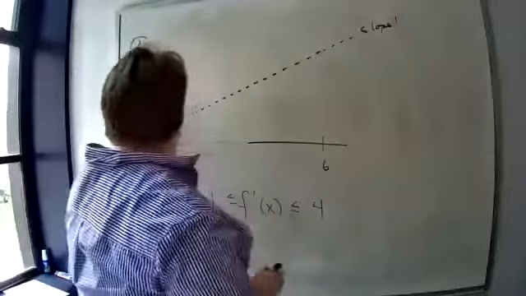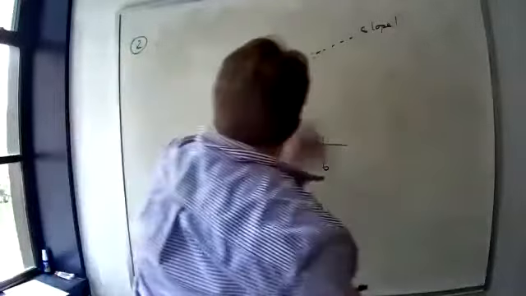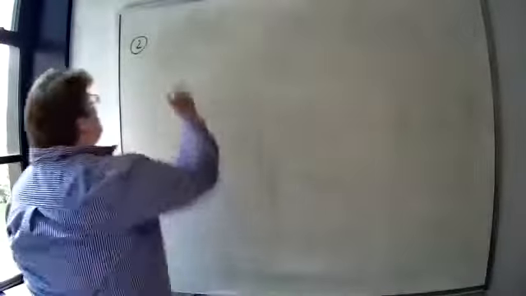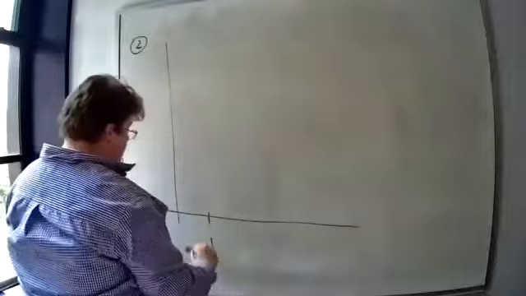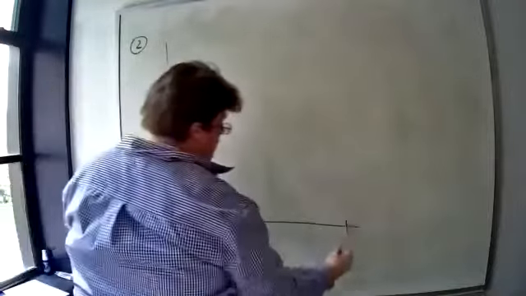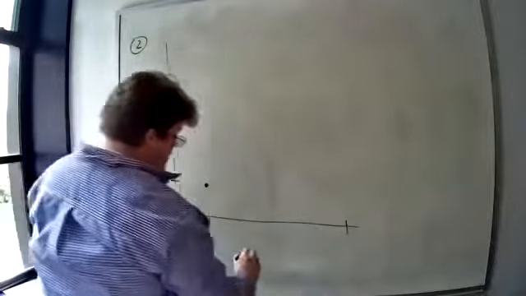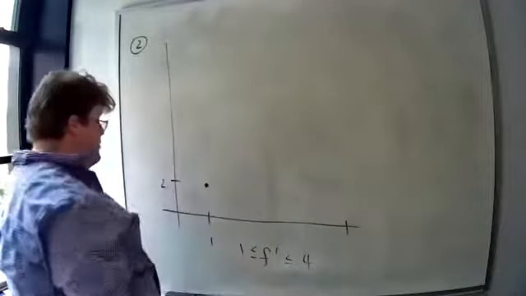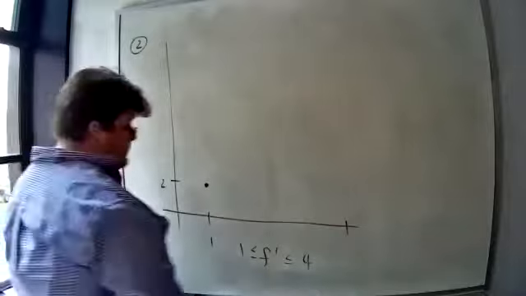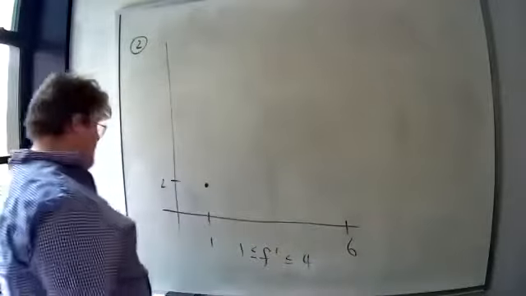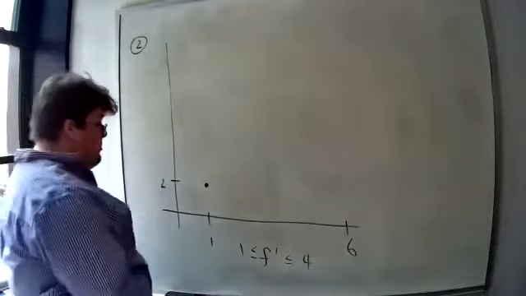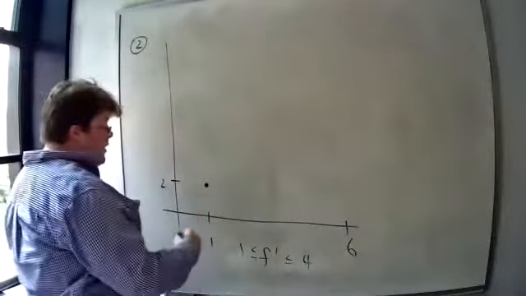I'm going to have to draw that. That was poor planning. F of 1 is 2. We're looking for f of 6. F prime is between 4 and 1. Those were the numbers, right? Yes. So at a minimum, slopes of tangent lines are 1.